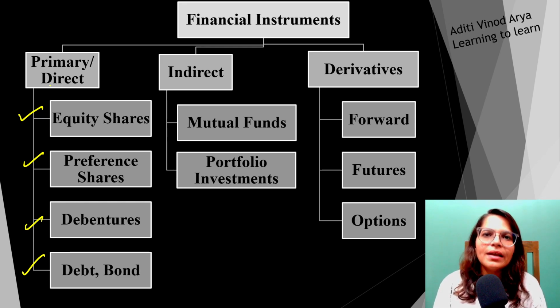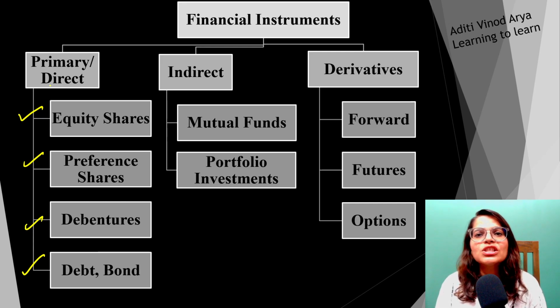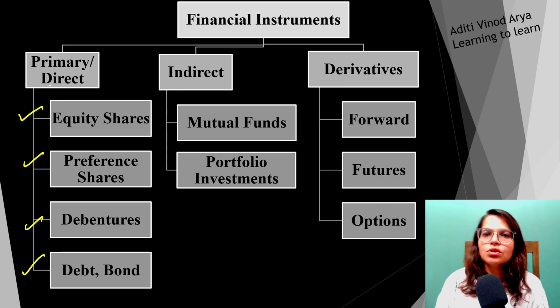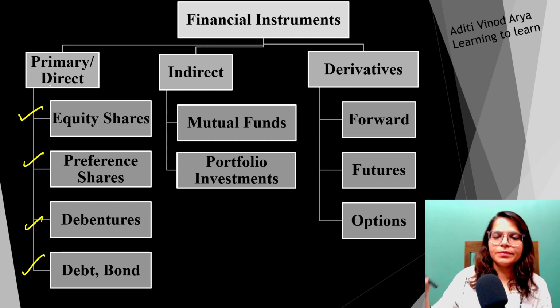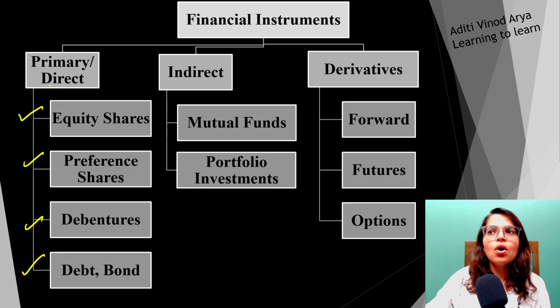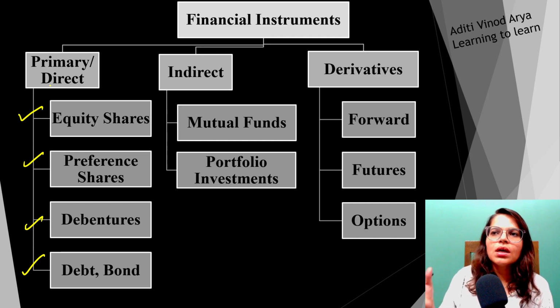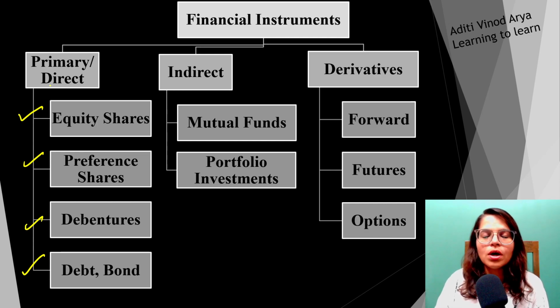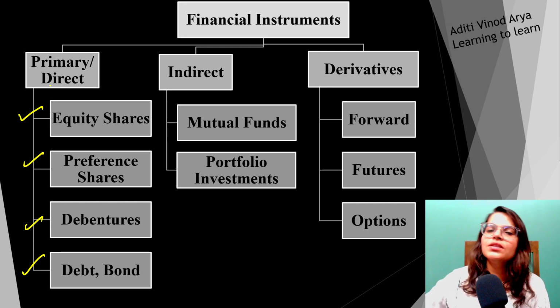So that is indirect, where you are not able to trace out the exact source of your investments. An equity mutual fund or a debt mutual fund holds a large number of securities of equity shares or debt from various different companies.